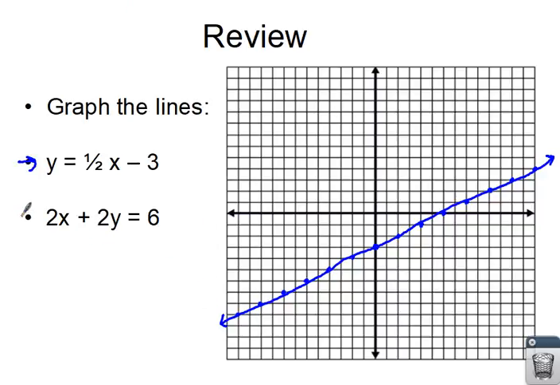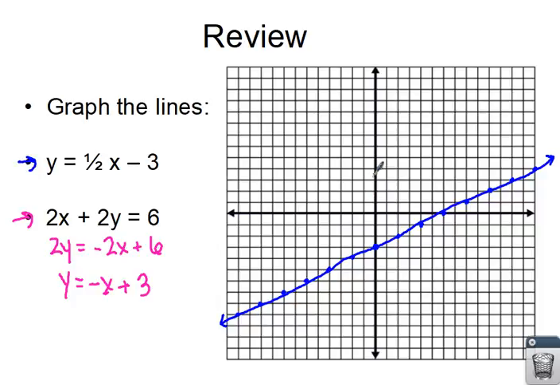The second one, it's not in slope-intercept form, so we need to get it in slope-intercept form. So I'm going to subtract 2x from both sides and make it 2y equals negative 2x plus 6. You notice I always put the x term first, that way you know where your slope is and that sort of thing. And then we're going to divide everything by 2. That gives us y equals negative x plus 3.